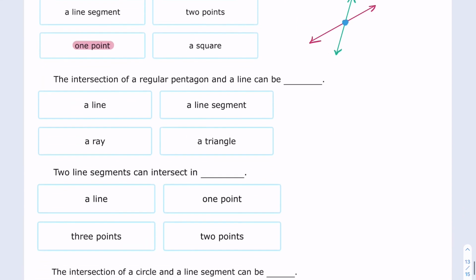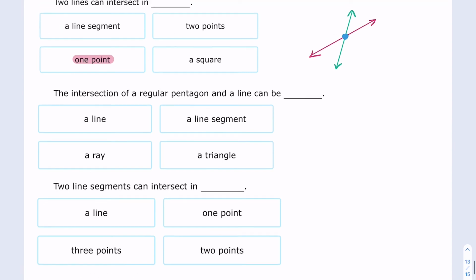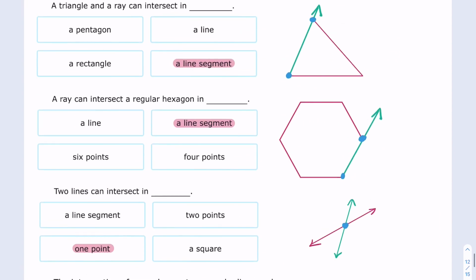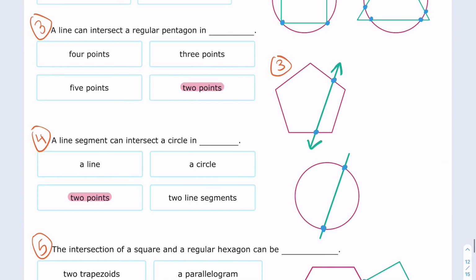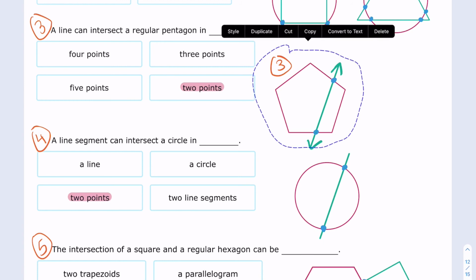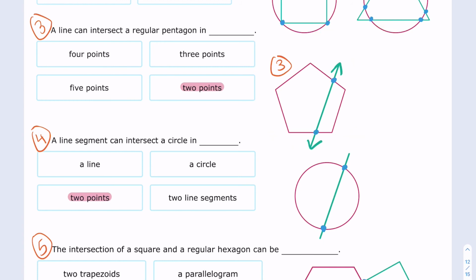Okay? The intersection of a regular pentagon and a line can be, oh, what did it say, pentagon? I have one right here. And look, we already have that answer, 2 points.